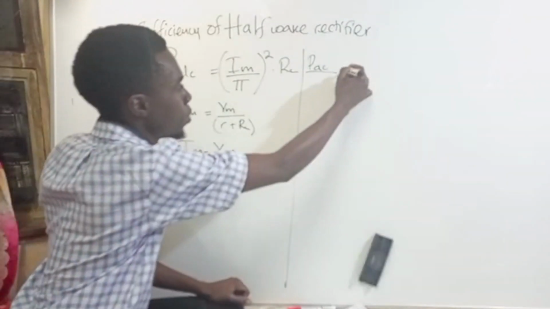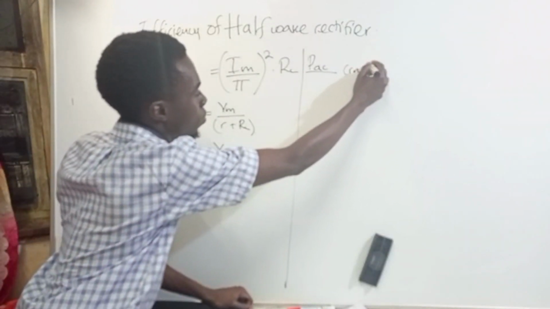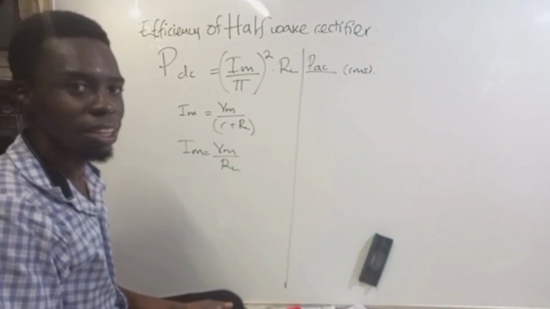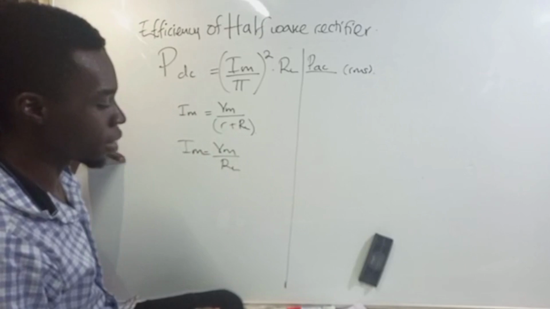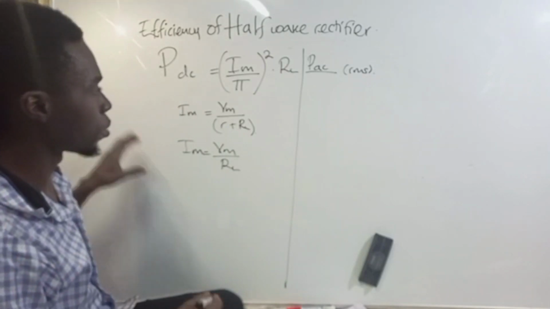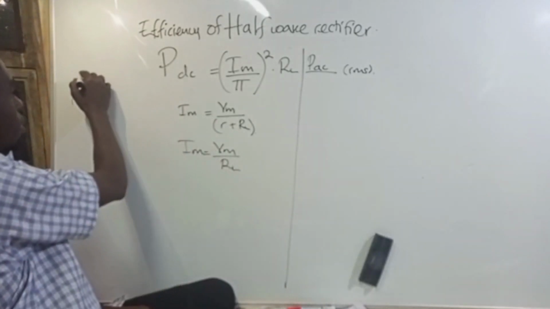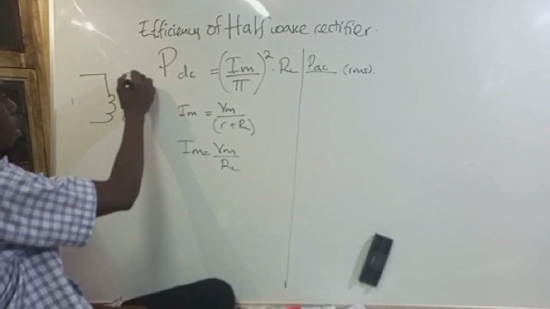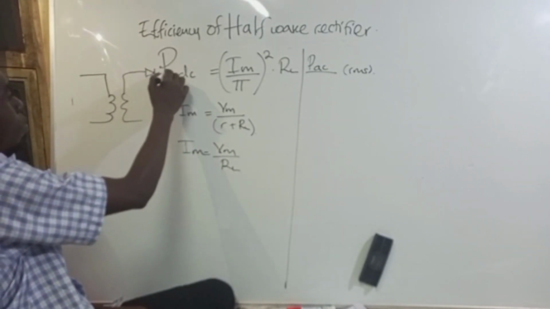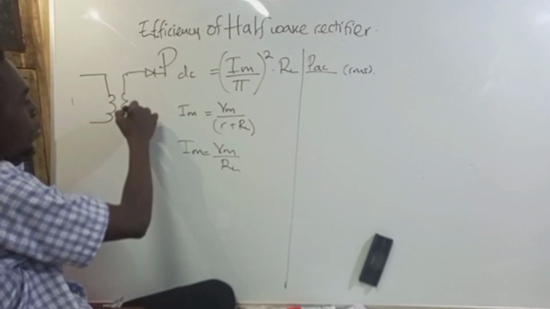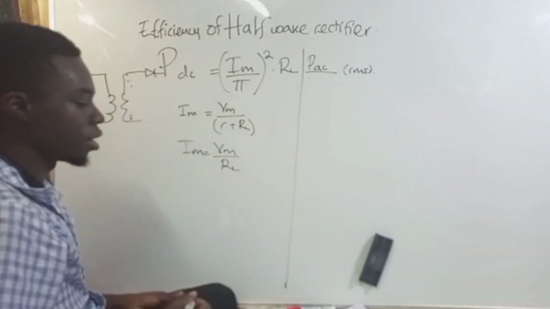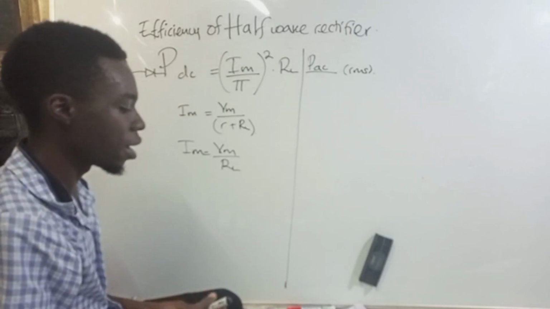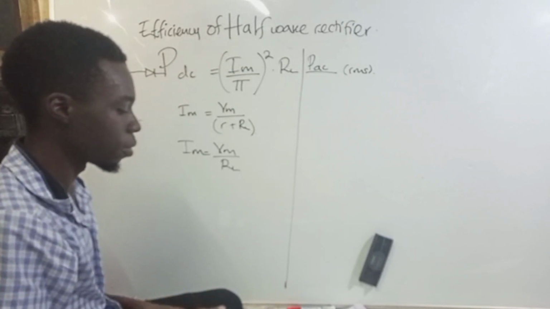That is the root mean square value. The only amazing thing about AC power for this particular section, whereby my circuit was something like this, we had the transformer, then our diode. So I'm looking at the RMS in this secondary side. Now the way we've been calculating IRMS is different now.